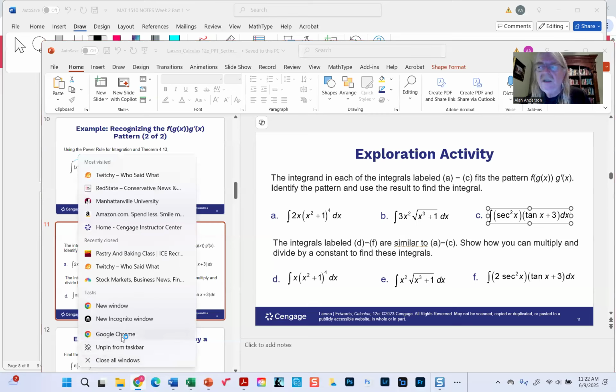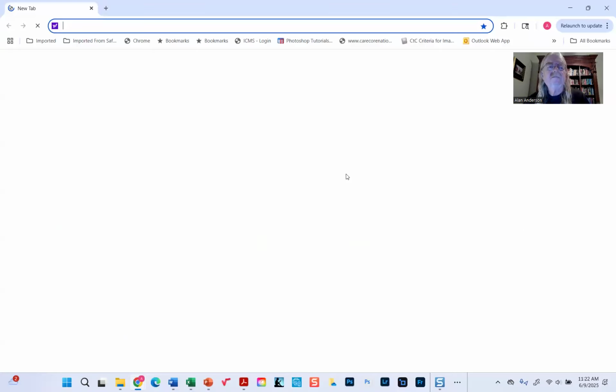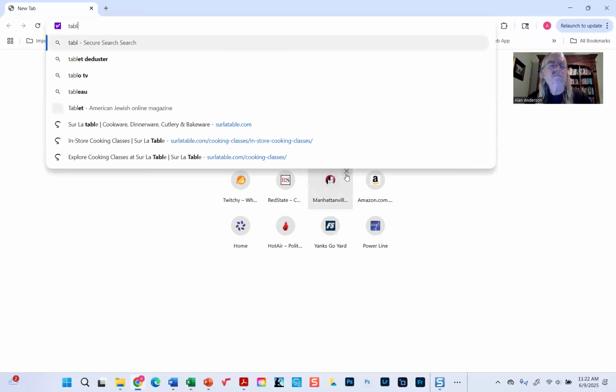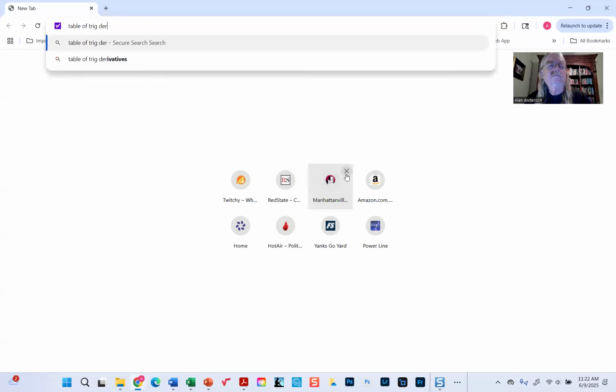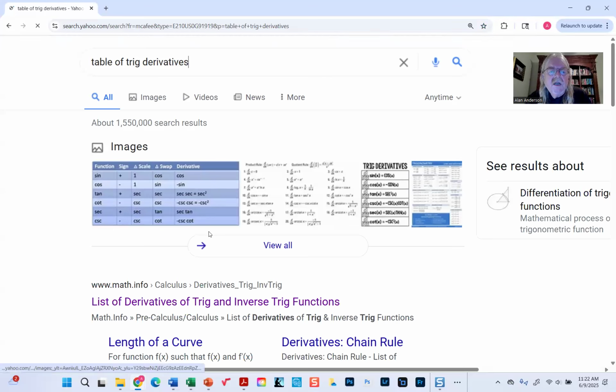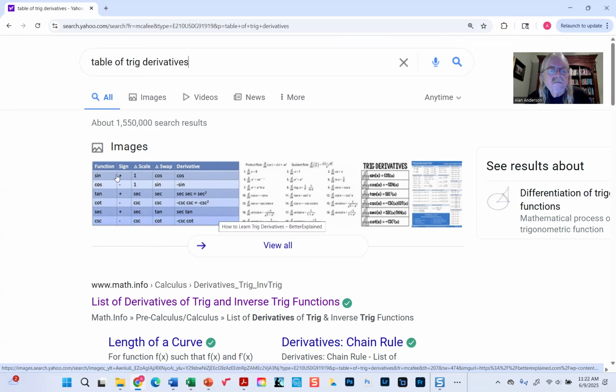So let's see if we can find it. Yeah, according to this tiny little chart here, the derivative of the tangent is in fact the secant squared.